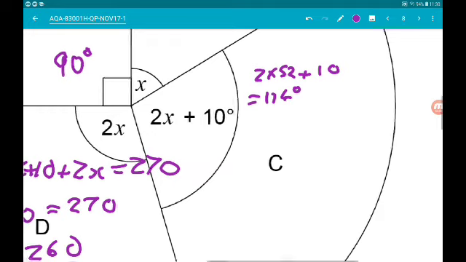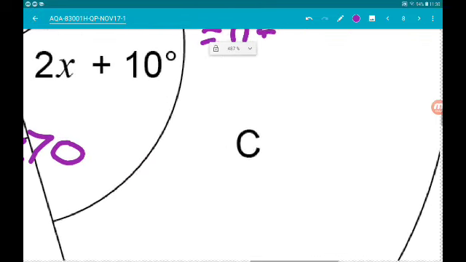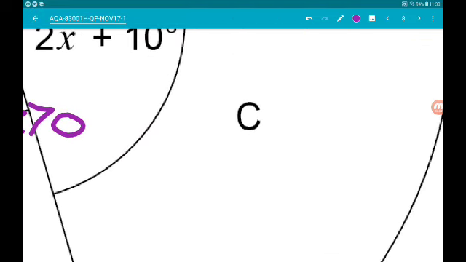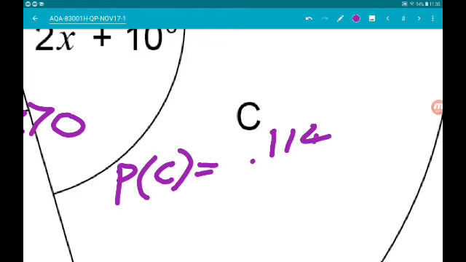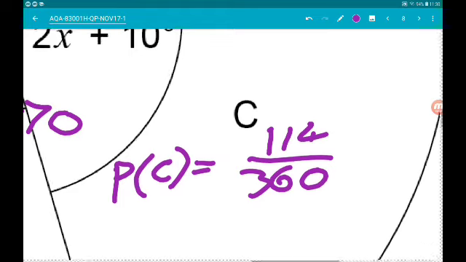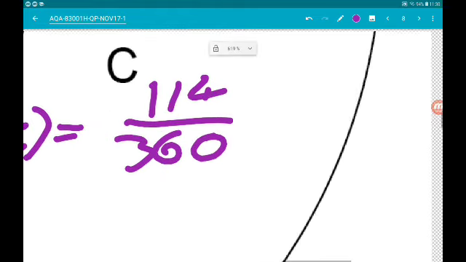So if we want the probability someone voted C, we want the proportion of C's votes. So that is, let's call it the probability of C, that's equal to 114 out of the total degrees around the point, so 360. Now it doesn't ask for that in a simplified form, so that would do, but let's see what we can do.